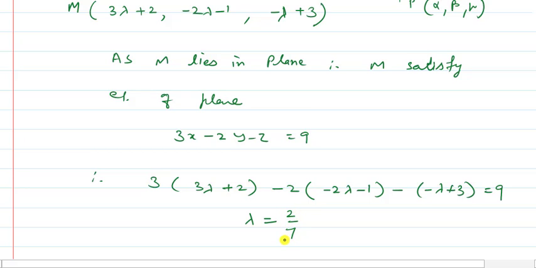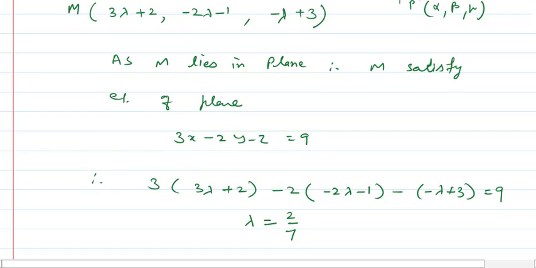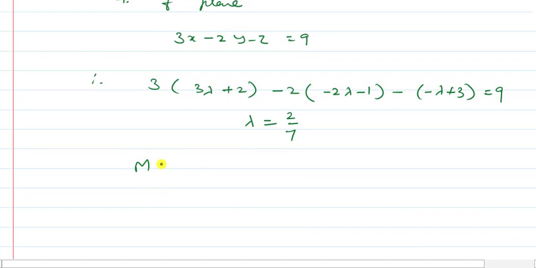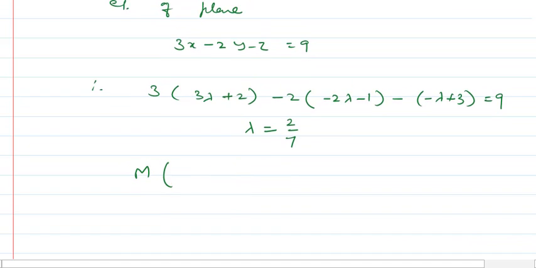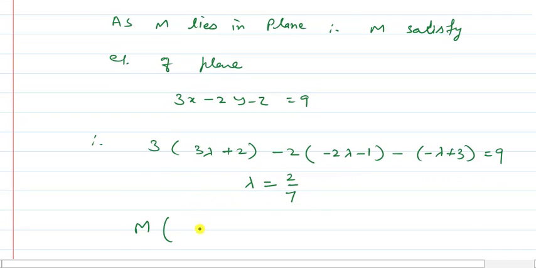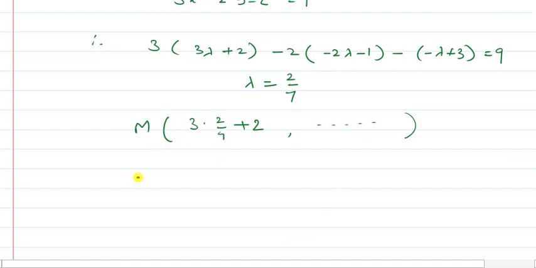Now putting the value of lambda in M, we can have the foot of perpendicular. So M is, lambda is 2 by 7, so it is 3 into 2 by 7 plus 2. Similarly, place all the values to get the other coordinates. So the first coordinate of the foot of perpendicular that we are getting is 20 by 7. Similarly, you can have the y and z coordinates.